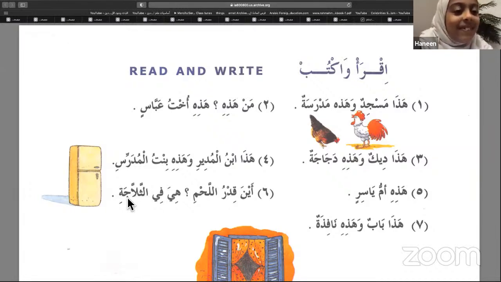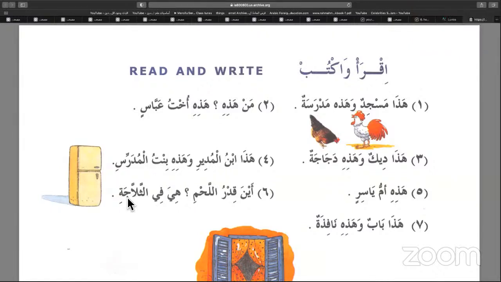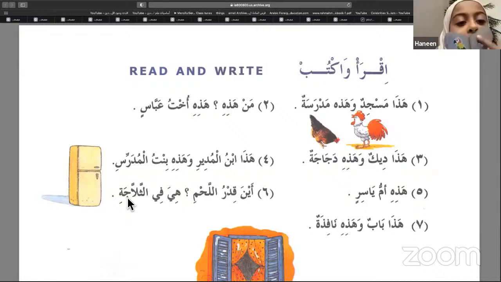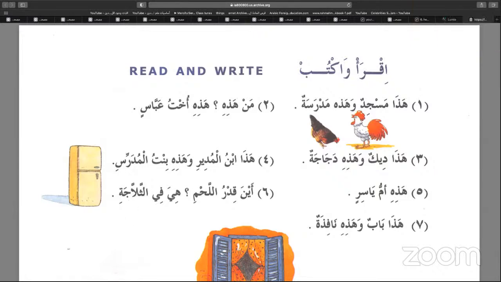I just show everybody the things that I make. Yeah, it's very beautiful, MashaAllah. Like my brother Musa, and this is me. I cut it out like this. Very beautiful, MashaAllah.